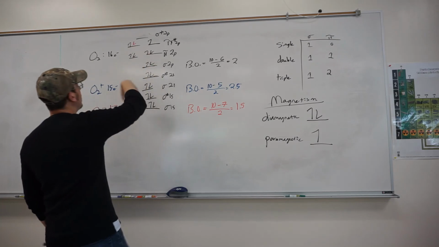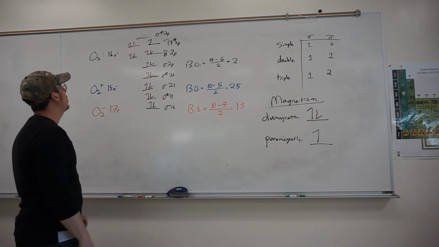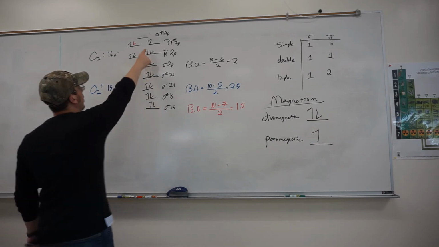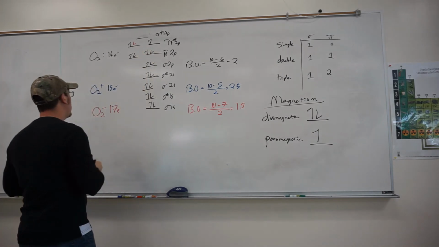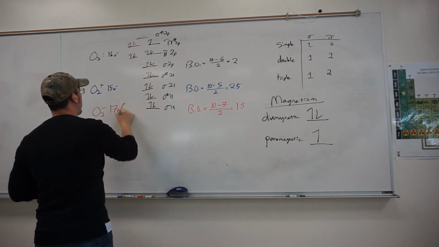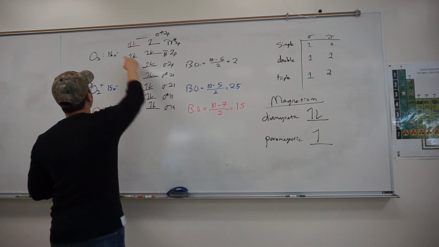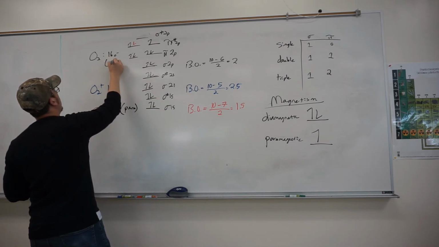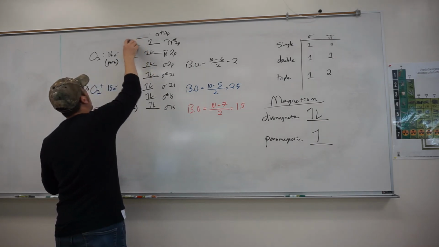So when we look at the diagram that we have drawn here, this is for O2 with a -1 charge. What type of magnetism would this be? Well, it has a single electron up here. So we would say that O2 -1 would be paramagnetic. The same would be true for that of the O2 with a neutral charge.